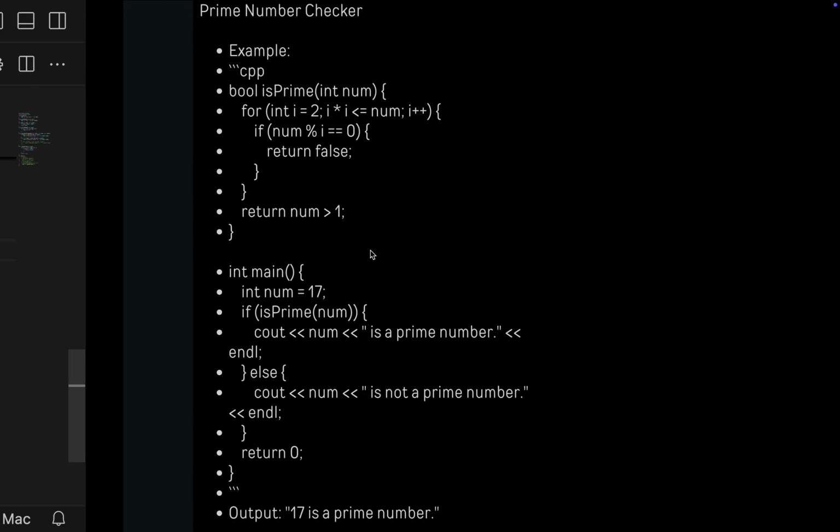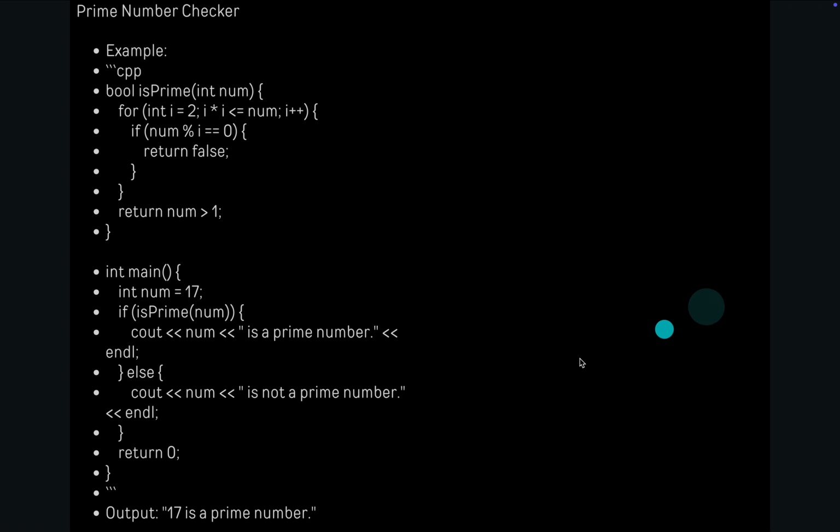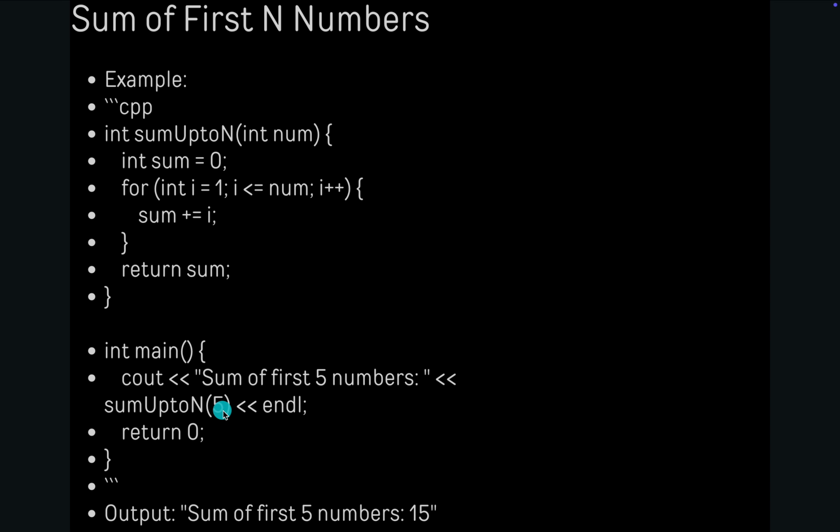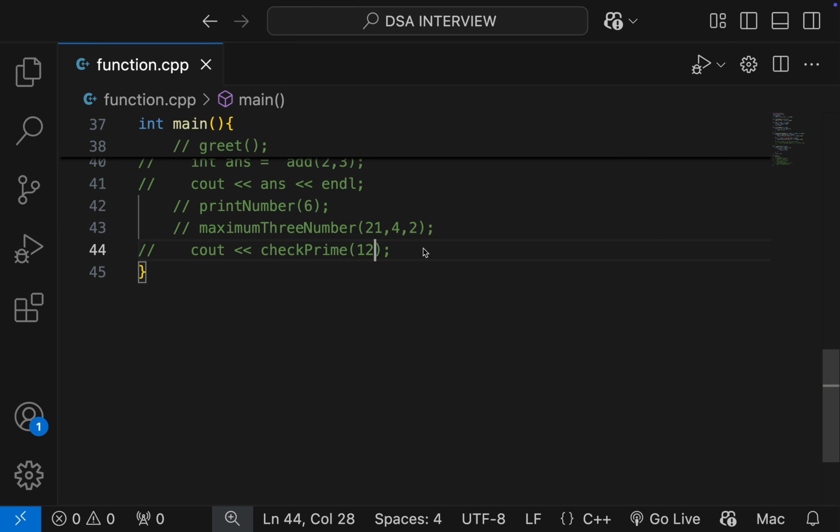So let's move forward with another problem. You have to find the sum of the first n natural numbers. So if someone tells you sum up to n and n is 5, then you have to write 1 plus 2 plus 3 plus 4 plus 5.